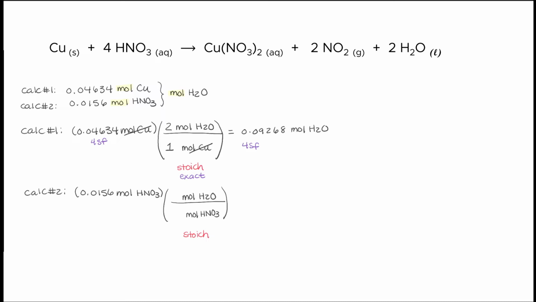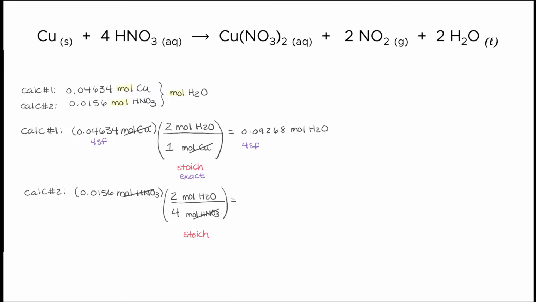Getting our balancing coefficients to use as our mole to mole ratio in the stoich step, we still have 2 moles of water, but now we have 4 moles of nitric acid. So we'll cancel our units and then check our sig figs. Here, our original value had 3 sig figs.